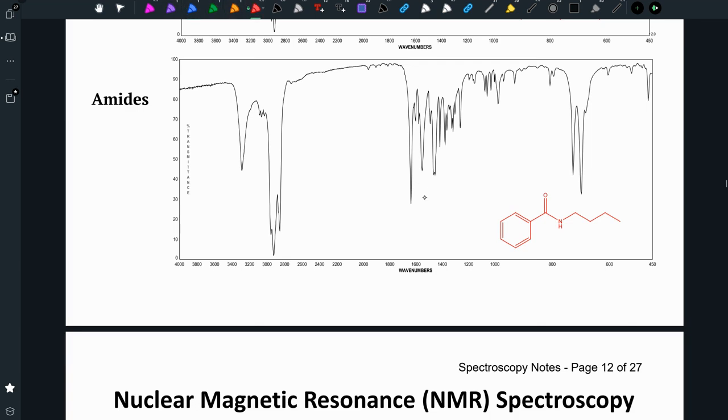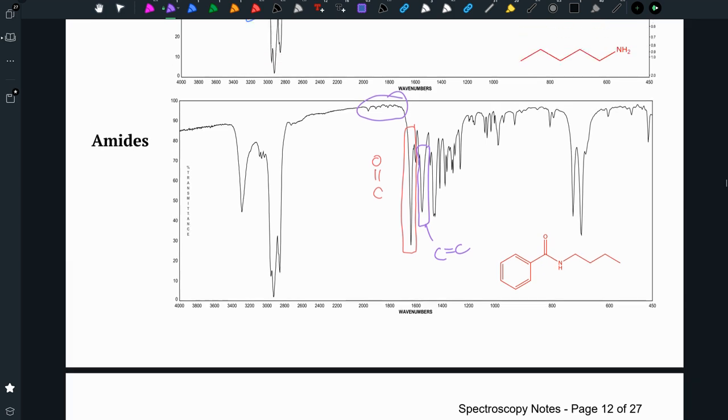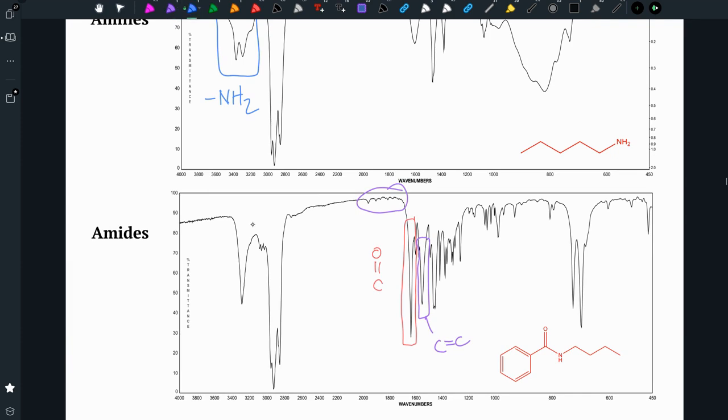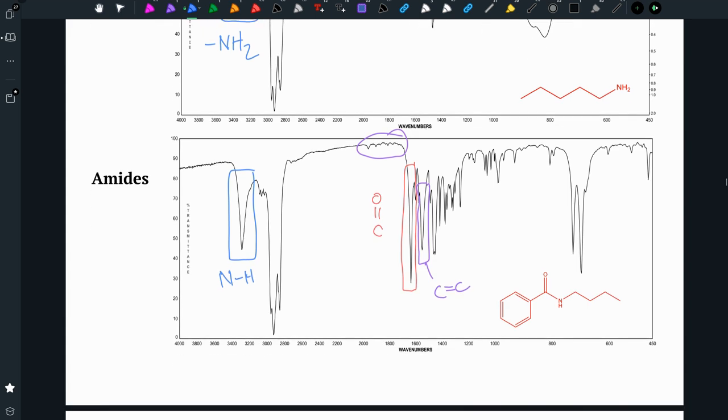The amide is going to have the carbonyl peak. It's going to have the C double bond to C peak, in this case because of the benzene ring and the overtones. And then notice this one has an NH peak all the way over on the left because of the NH bond here.